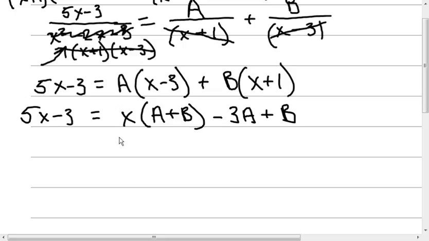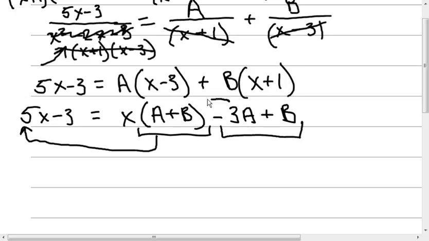Now, if you look at this, the way we're going to proceed is by noting that this coefficient, the A plus B, has to be equal to 5, because this is times x and this is times x. This side has to be equal to that, and this term here is going to have to be equal to that.